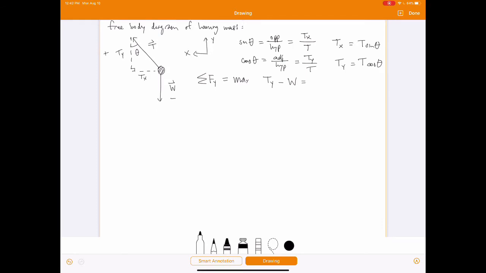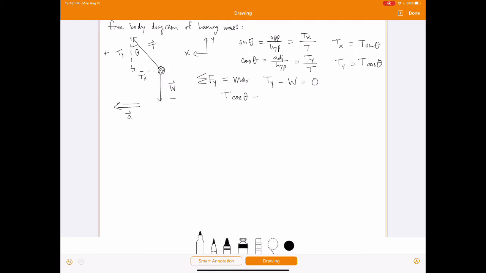But here's the thing. The acceleration is this way, to the left. There's no acceleration up or down in the y direction. So because of that, we can set the right-hand side to 0. And we can take it a step further, because we know that Ty is the magnitude of T times cosine of the angle theta.